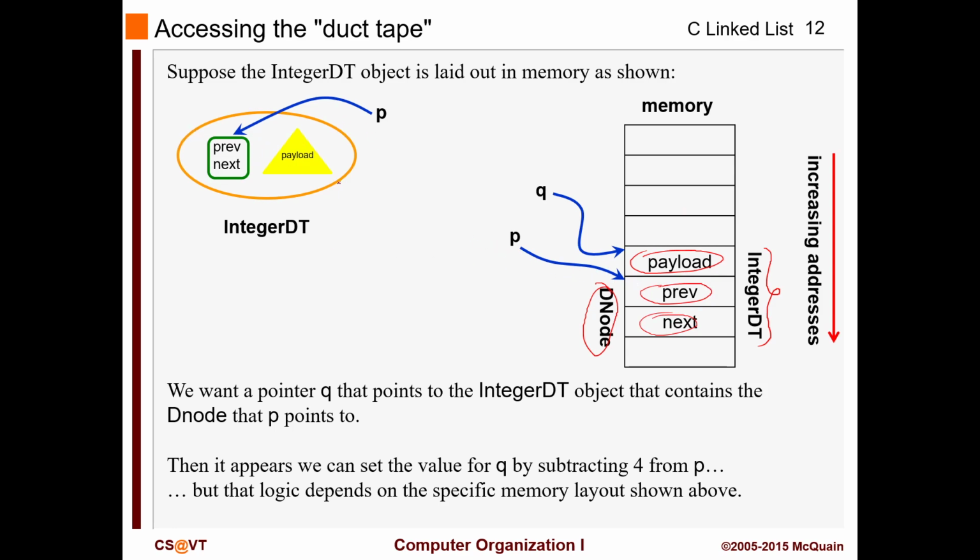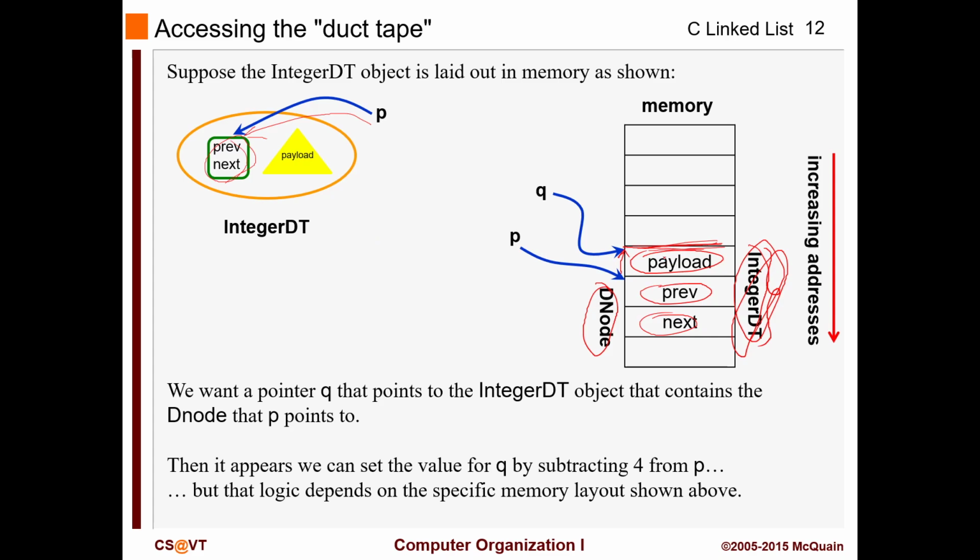Let's assume we have an integer_dt and this is the node. So p is actually pointing here. When you go down the dlist, p is going to point to the nodes, right? So it points here, but we want to go to this integer_dt. How do we do that? We just skip the payload and start pointing here. So this is the starting point of integer_dt, right?